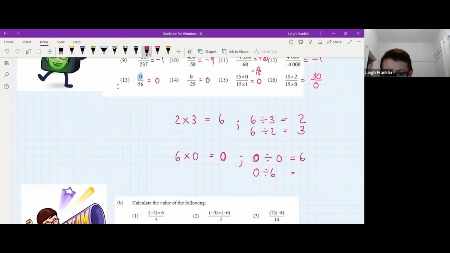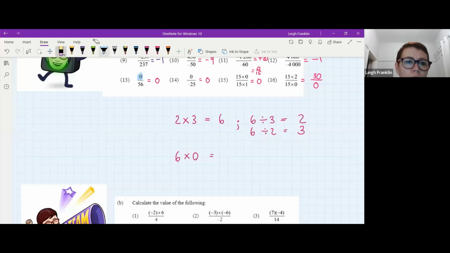So if we take that 0 that is our answer and we divide it by either one of the two numbers, 0 divided by 6 would give me 0. Because 0 divided by 0 is not 6, what am I doing here? I feel like I've muddled this up and it's so simple.